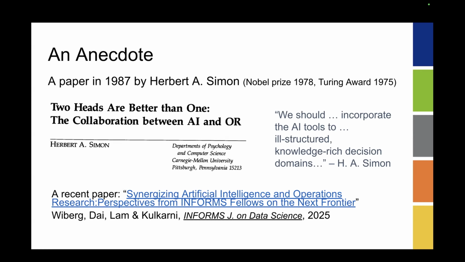All of them can be elegantly written down using equations, right? And using numbers to quantify them. While AI tools are designed to apply to ill-structured or knowledge-rich decision domains.